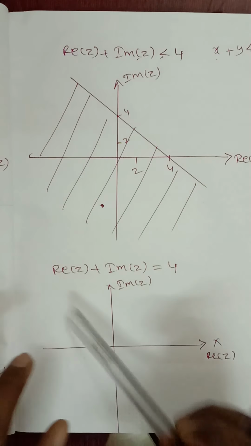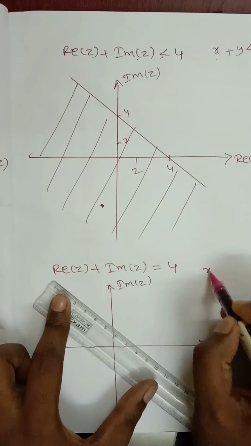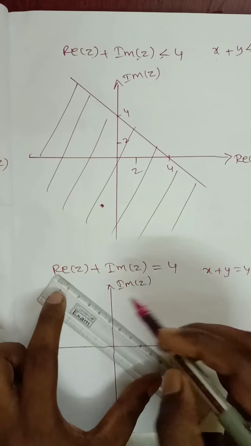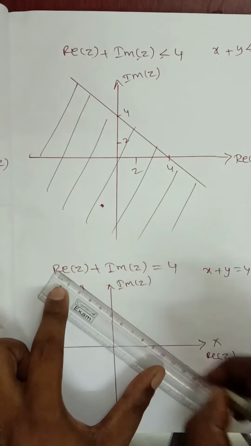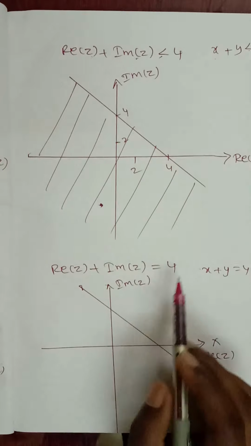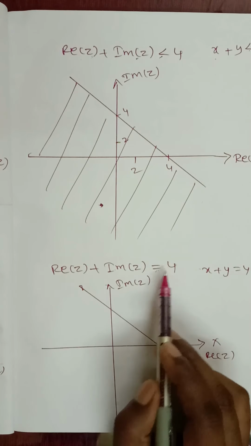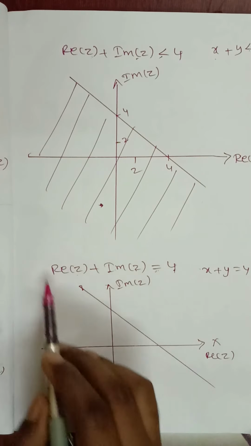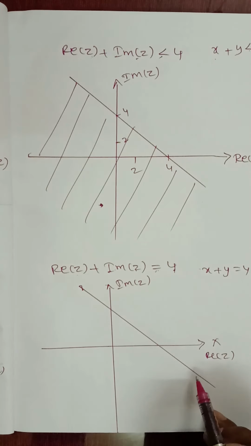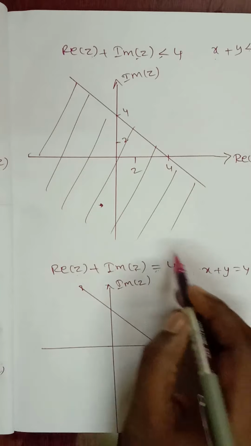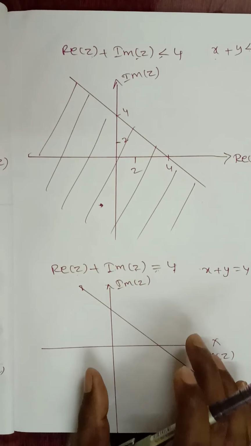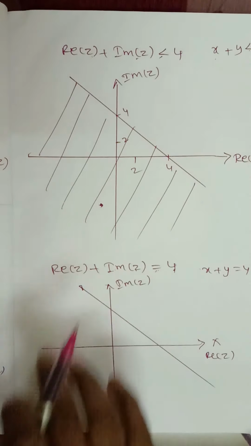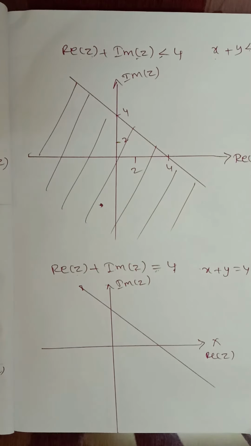Here x is the real part, so x plus y equal to 4. This is the line for x plus y equal to 4. These complex numbers lie on this line. This is the locus of the complex numbers. Okay, so thank you children.